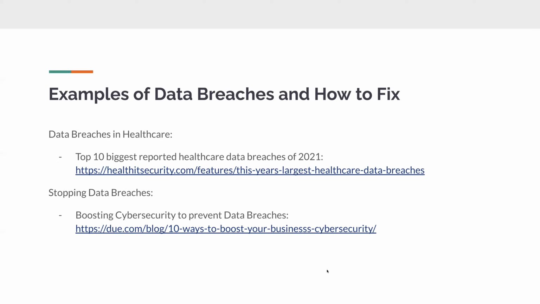So it's vitally important to remember that we want to integrate security into our deployment pipelines, our applications, and ultimately in our daily work. This article goes over 10 major healthcare organizations that had the biggest breaches across the U.S. that were reported in 2021, and these affected not only millions and millions of patients and customers, but also the healthcare organizations.